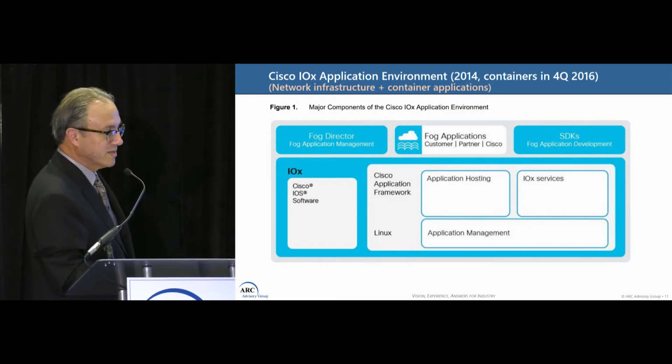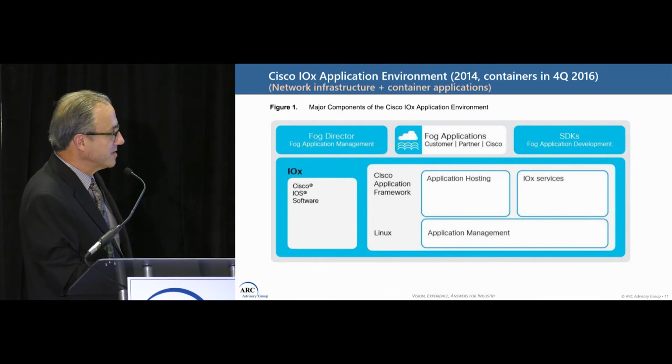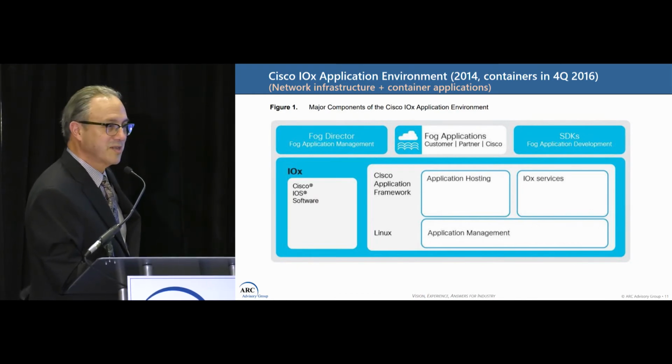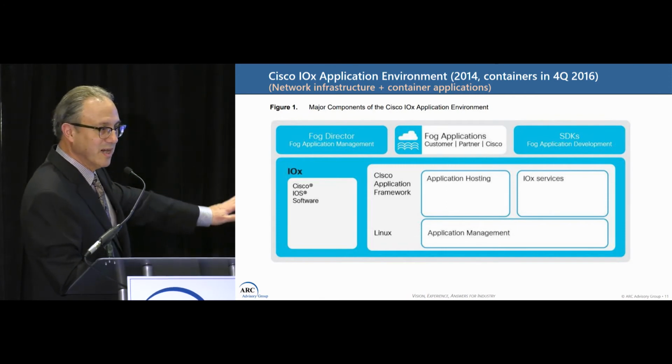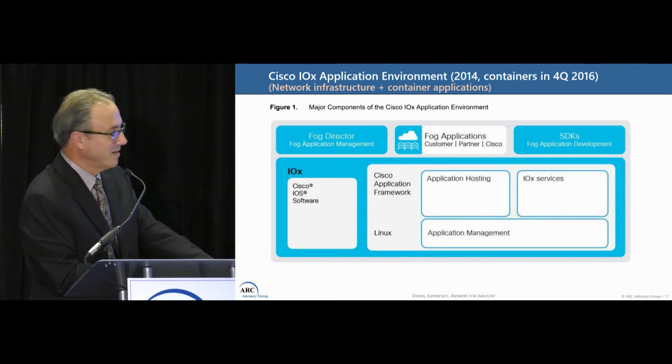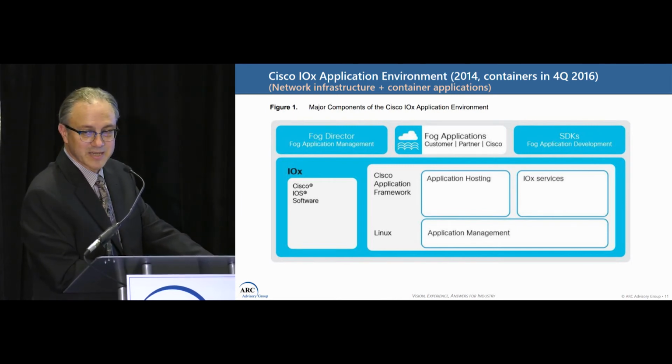One of the first ones was what's called Cisco IOx, which started out as, excuse me for paraphrasing what Cisco does, we'll put a Linux box into our switching infrastructure, and we'll let people run applications in it.